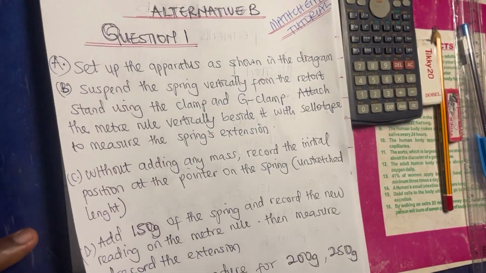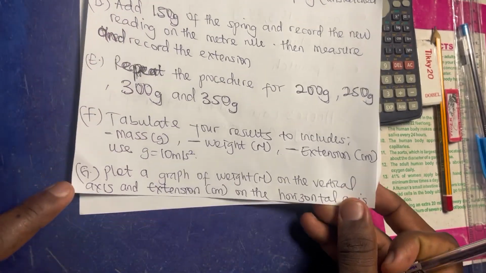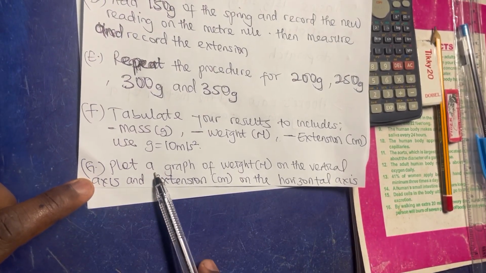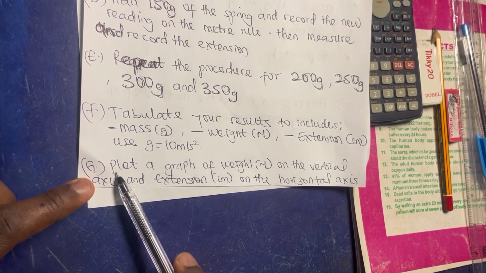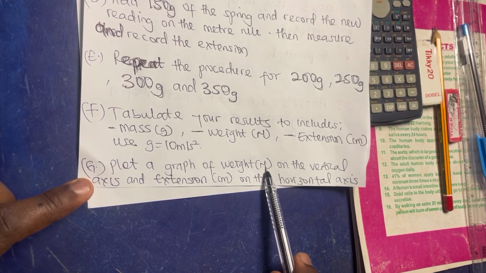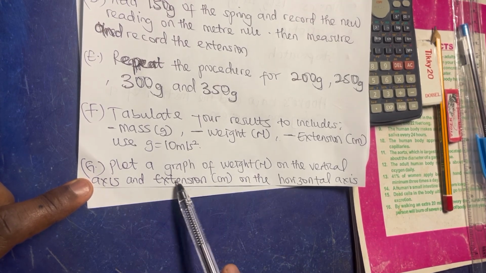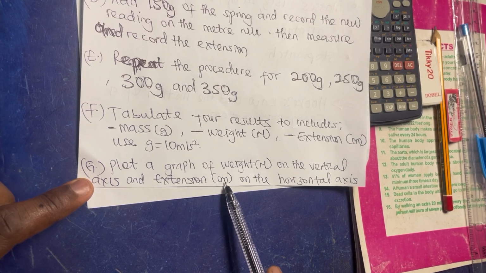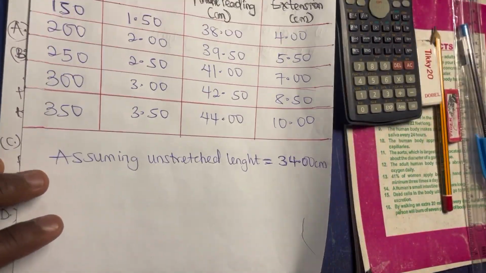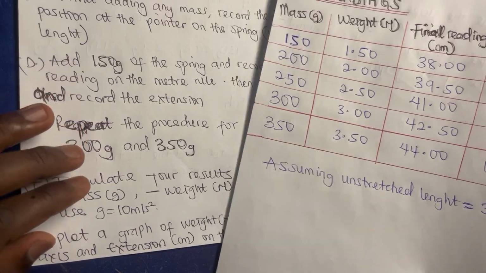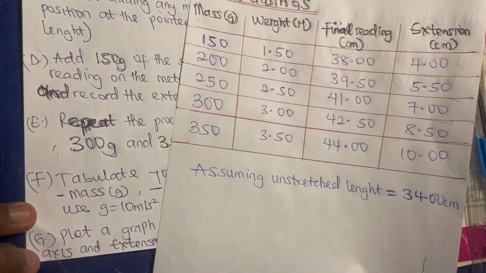So let's go to the next question, which is question G, which says that we should plot a graph of weight in N, that means the Newton, on the vertical axis and the extension in cm on the horizontal axis. From this table here, I'll be plotting my weight.